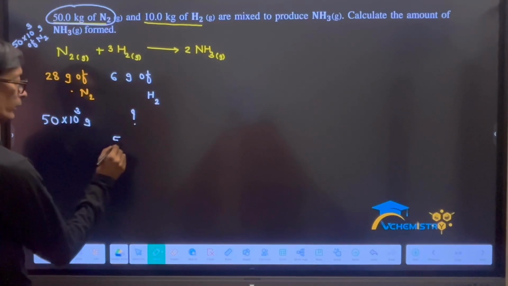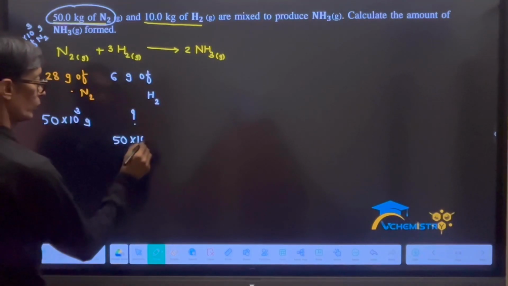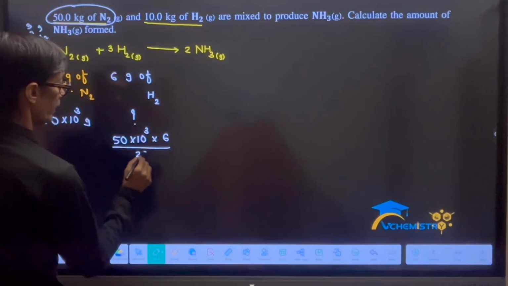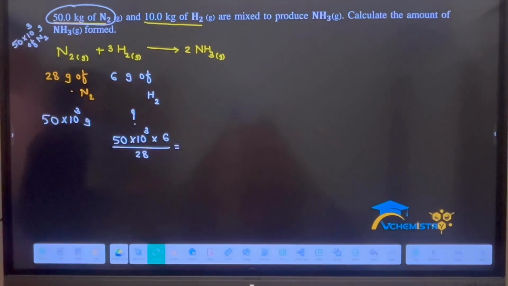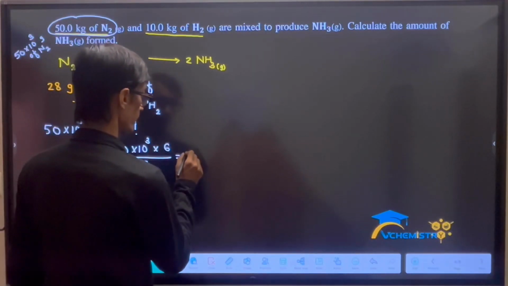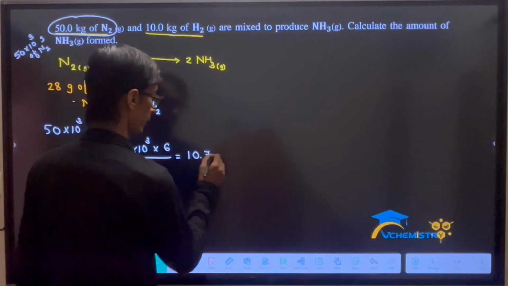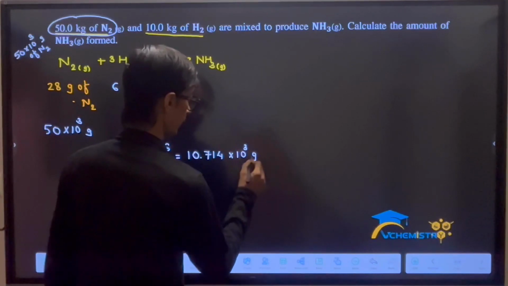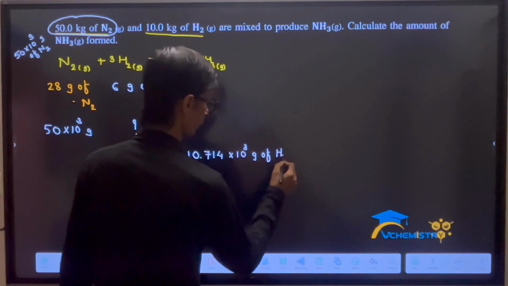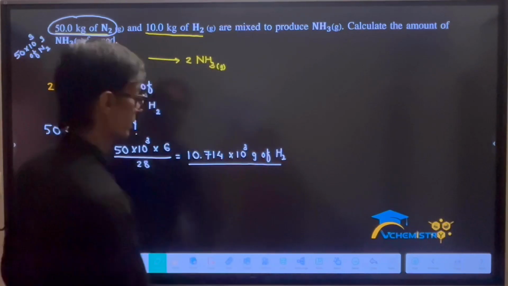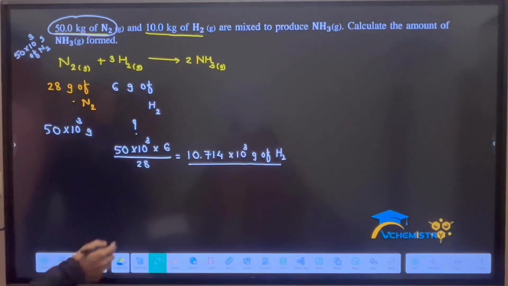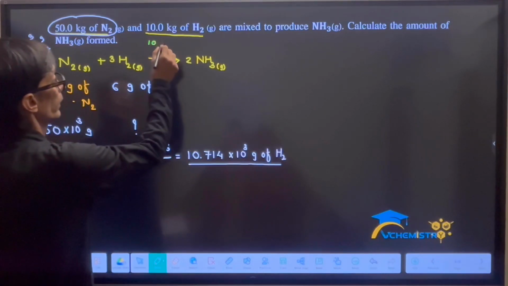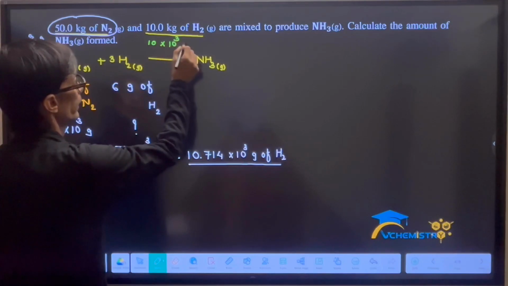So calculation: 50 into 10 raised to 3 into 6 divided by 28. So I need to calculate this. So the answer is 10.714 into 10 raised to 3 gram of H2. The required amount of hydrogen is like this, and the given amount of hydrogen is 10 into 10 raised to 3 gram.